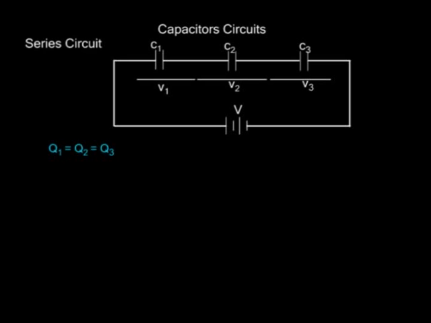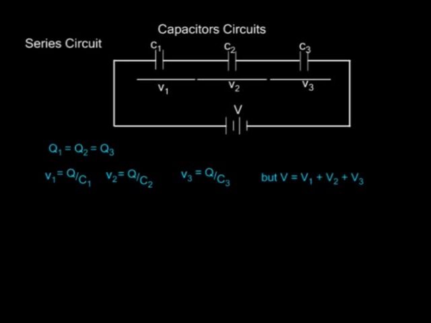So let the charge on each capacitor be Q. The potential difference across the individual capacitors will be given by V1 is equal to Q over C1, V2 is equal to Q over C2, and similarly V3 is equal to Q over C3. But then V, the total voltage, is equal to the sum of the individual voltages.